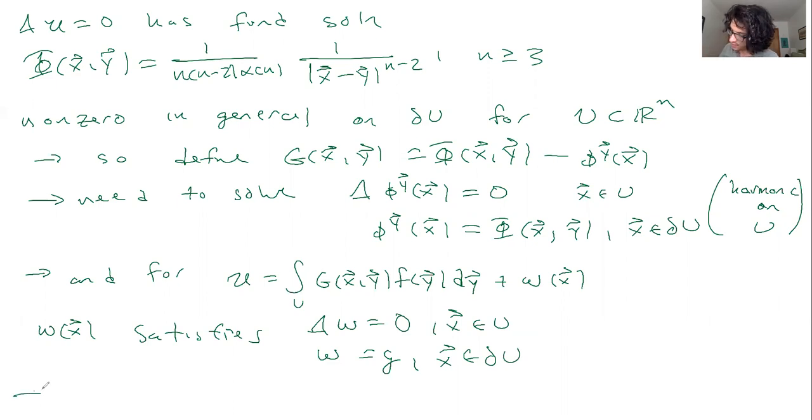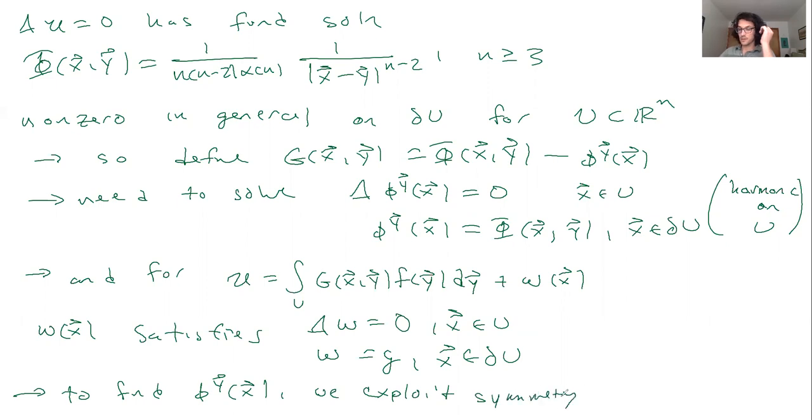Now, how do we find little phi(x)? Well, it turns out we can exploit the symmetry of our fundamental solution that will similarly be inherited by little phi. This basically comes from the Φ(x,y) symmetry.